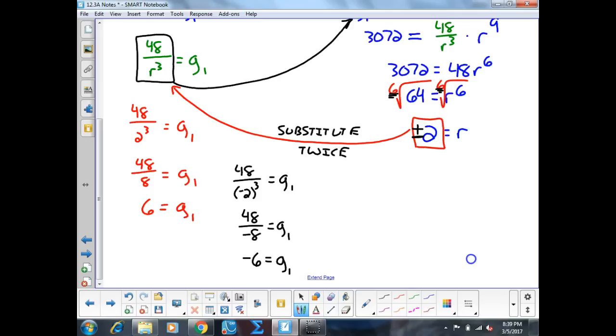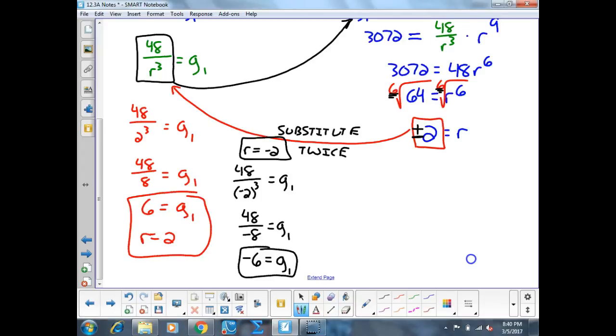This rule is for when r is equal to negative 2. I'm going to use that and that. This one is for when r is equal to positive 2, and I'm going to use both of those. So my red rule would be g sub n equals 6 times 2 to the n minus 1 power.